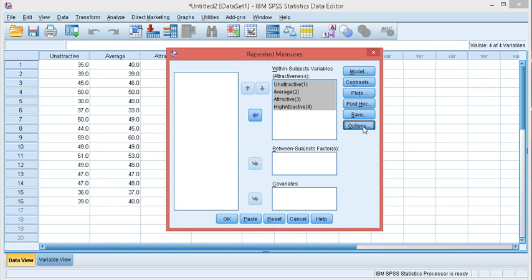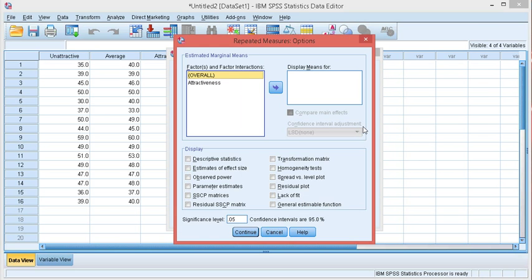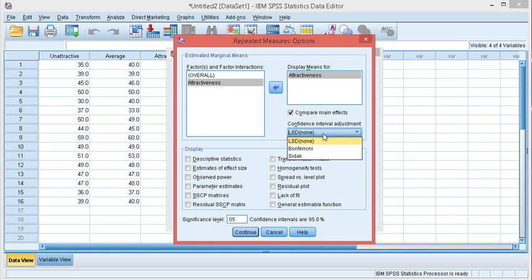Click on options, and then attractiveness. Let's transfer it over to the other side, and then we want to compare main effects. Basically, this is the post hoc in the case of repeated measures ANOVA. You can choose LSD or Bonferroni, so let's choose Bonferroni this time.